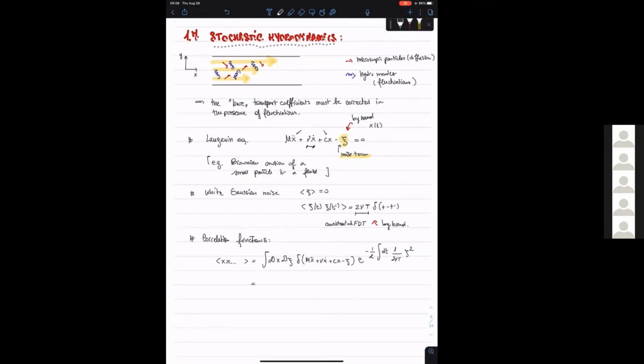In particular, you can lift up this delta function in the exponential by introducing an additional variable x tilde, and you will have something of this form: x tilde times (x double dot plus nu x dot plus c x minus xi), and here we had xx, and this will be this exponential term.